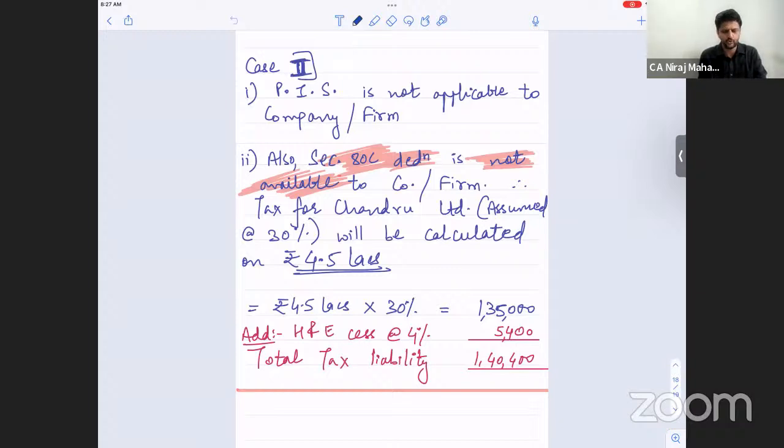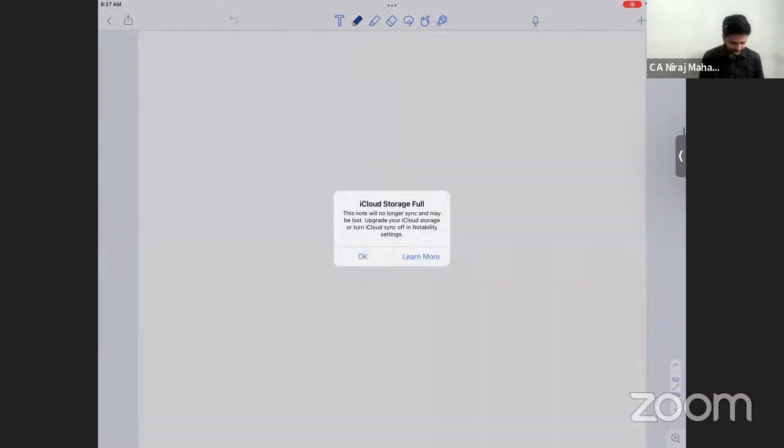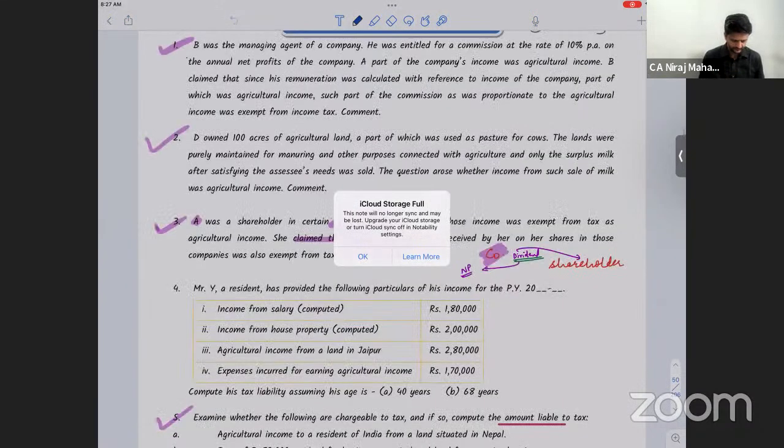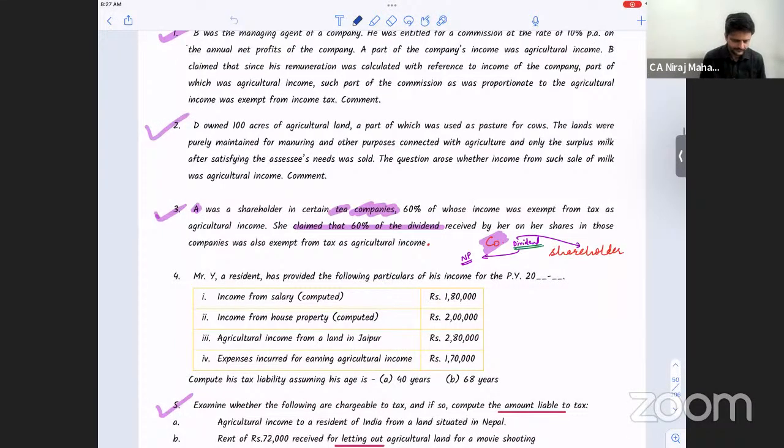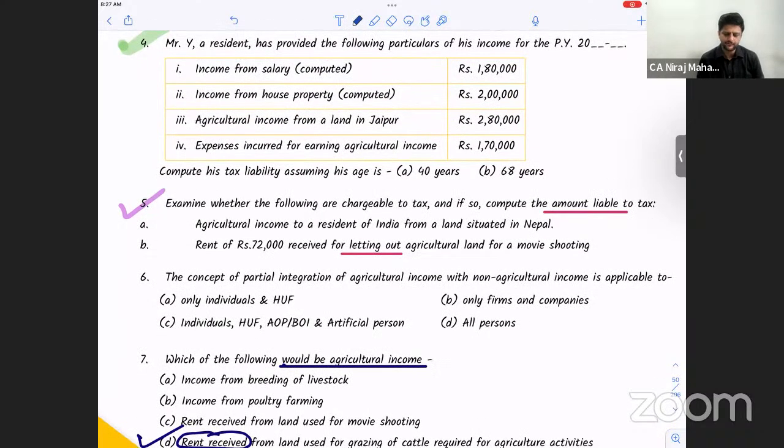Question number 4 is remaining. Let's try that. Mr. Y, a resident, has provided the following details of his income for PY 22-23. Income from salary computed.